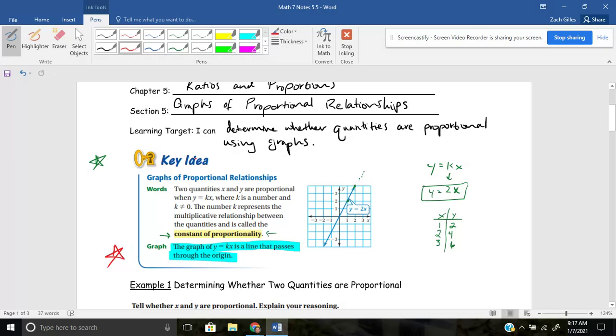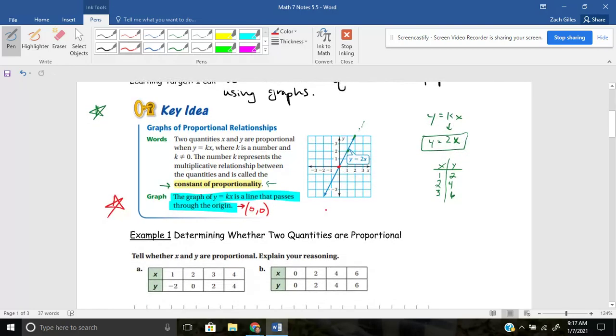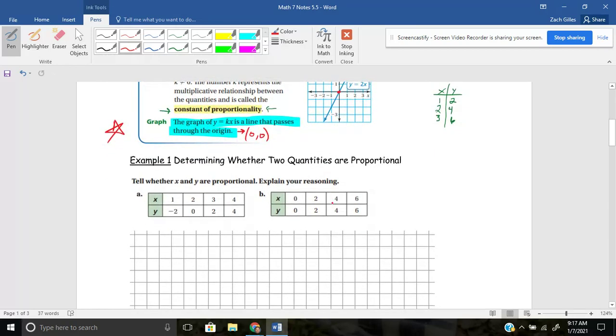Remember, the origin is this point right here, 0, 0. That's probably important to write down. The origin is 0, 0. And if your line doesn't go through the origin, it does not show a proportional relationship. That's also something that's key.